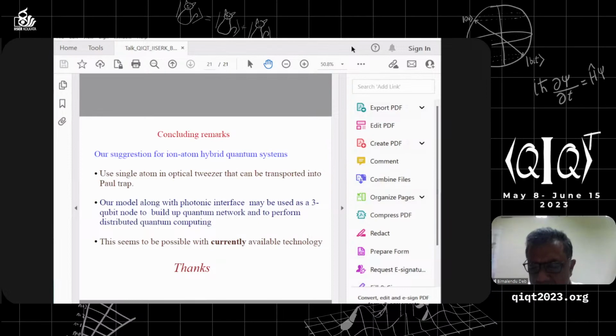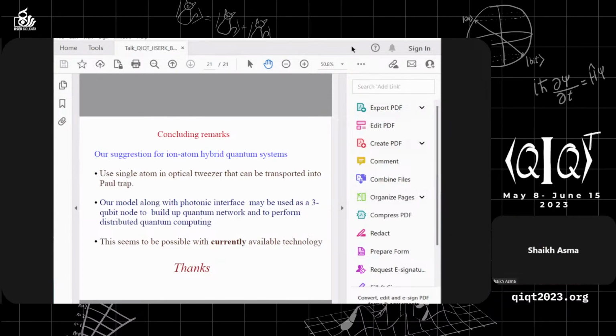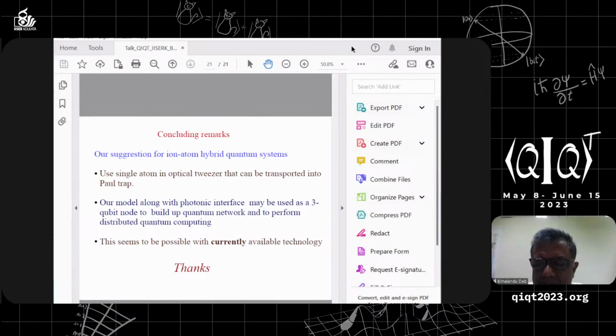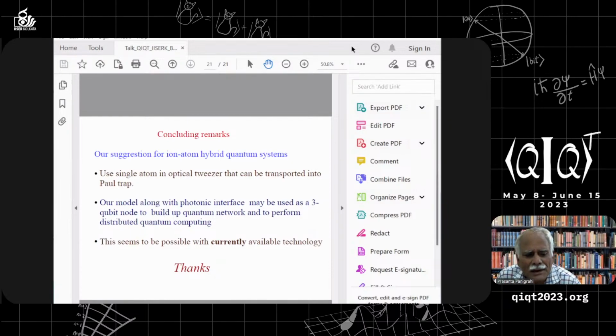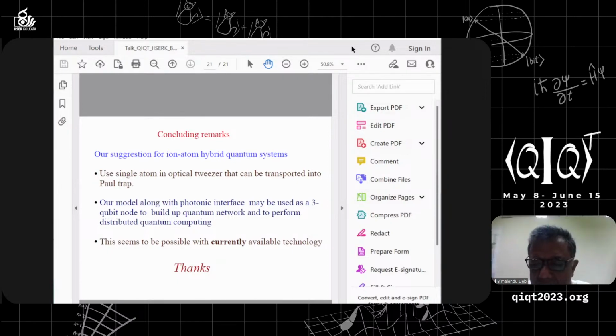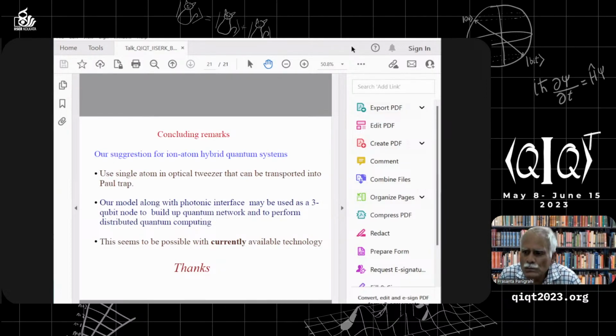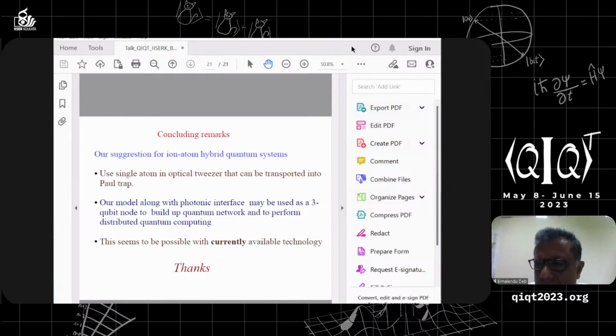So why not do the gate operation between the atoms, and then transfer the outcome of the gate operations to the ion, and then you can use the ion as a quantum memory, and atoms as logical qubits for doing operations. Thank you.